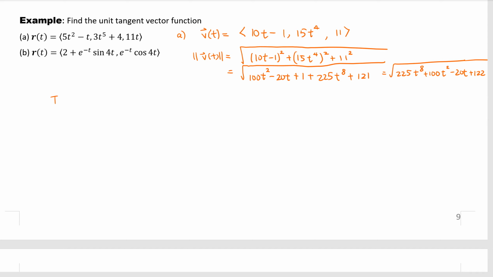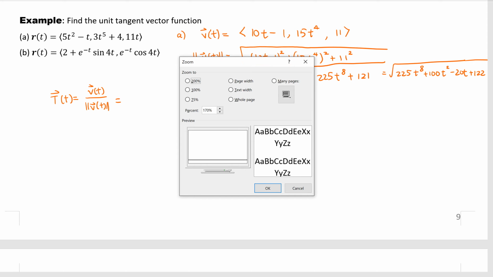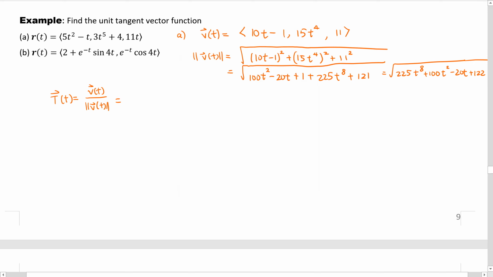So then the unit tangent vector is the tangent vector divided by its length. So that equals, oops. Okay, I don't want to copy the length 3 times.